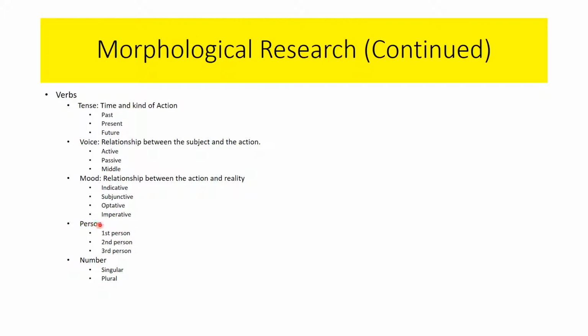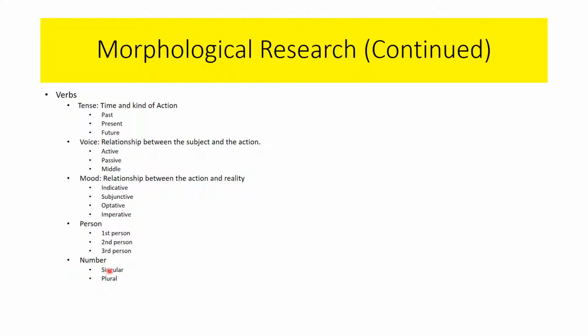And then a verb will always be in the person, first, second, or third. In other words, first person, I ate the apple. Second person, you ate the apple. Third person, he, she, or it ate the apple. The number of a verb again is singular and plural. I ate the apple is singular.